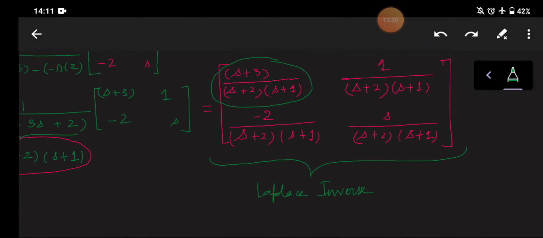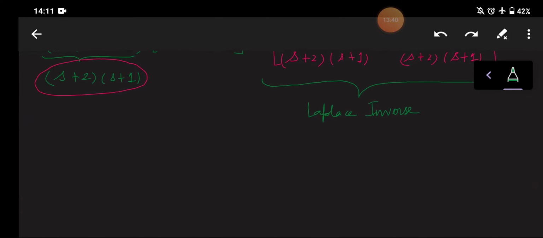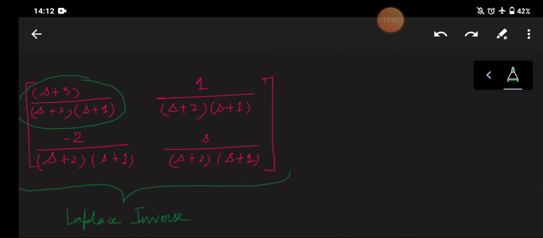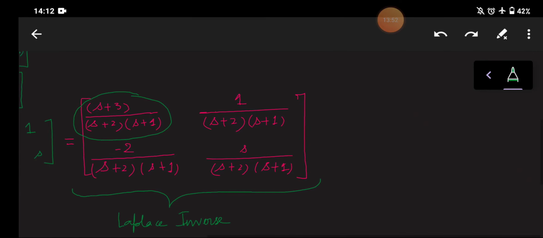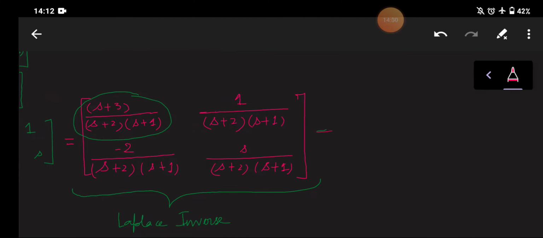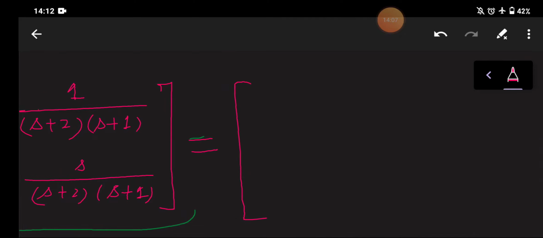Okay, so the matrix in our third step, where we wanted to calculate the Laplace inverse, will look like this.